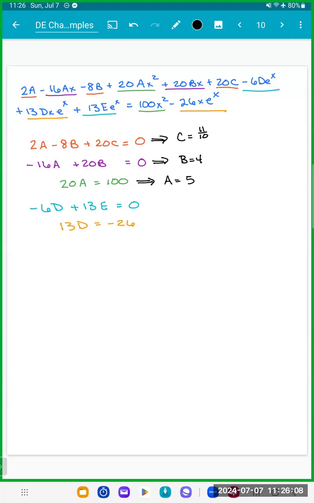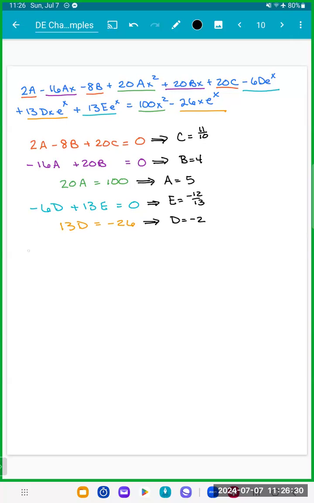Now we can also solve D, right? Negative 26 divided by 13 gives me a negative 2. Let me write that D is equal to negative 2. And plugging that into the previous one, we can solve that E is equal to negative 12 over 13.